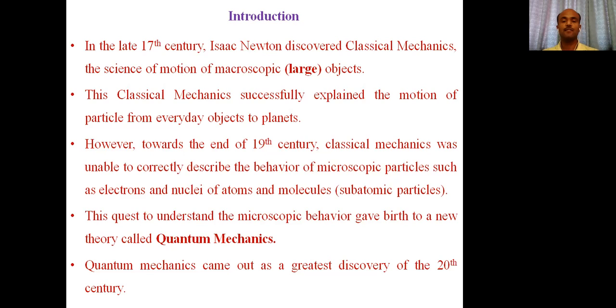This classical mechanics successfully explained the motions of objects from planets to our everyday objects such as a moving car, cycle, cricket ball or football, etc. However, towards the end of the 19th century, classical mechanics was unable to correctly describe the behavior of microscopic particles such as electrons and nuclei of atoms and molecules, that is subatomic particles such as protons, etc.